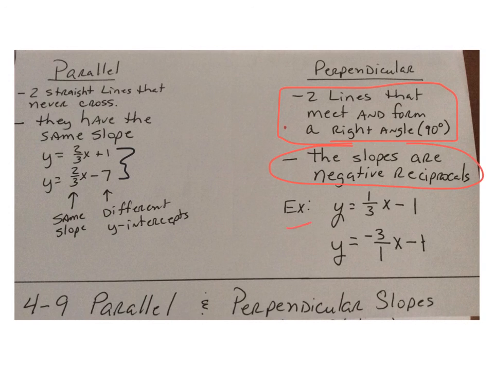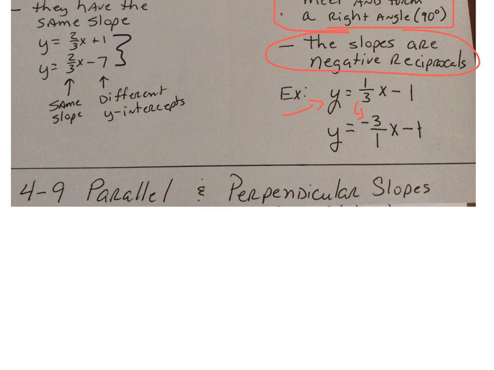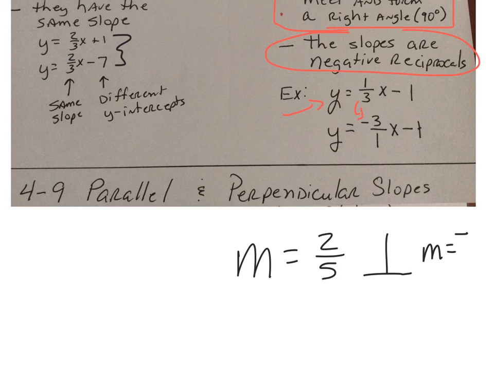So if I have an equation of y equals 1/3 x minus 1, if I wanted it to be perpendicular, I simply flip the slope and change the sign. For instance, if I were to give you a slope of 2/5, the perpendicular slope would be negative and the reciprocal, 5/2.